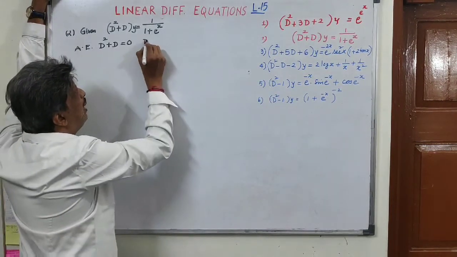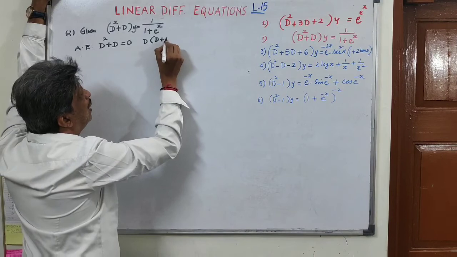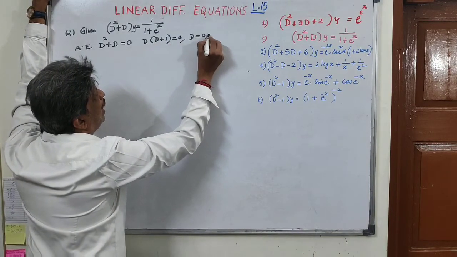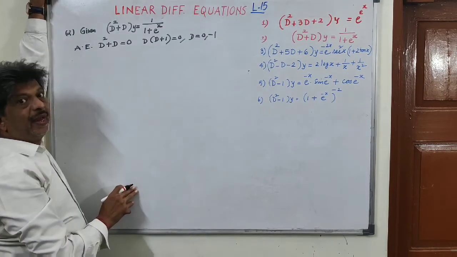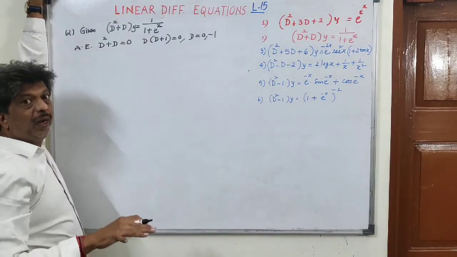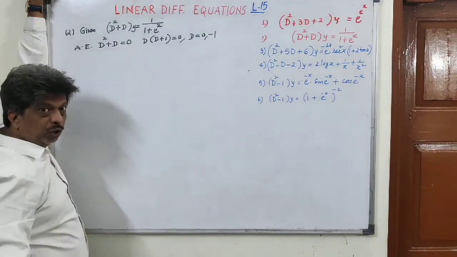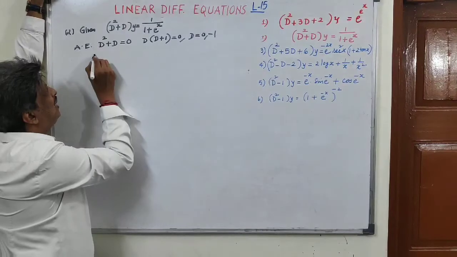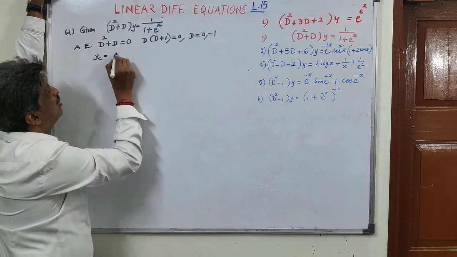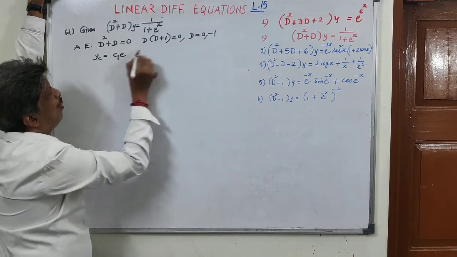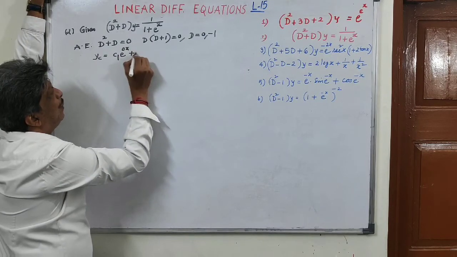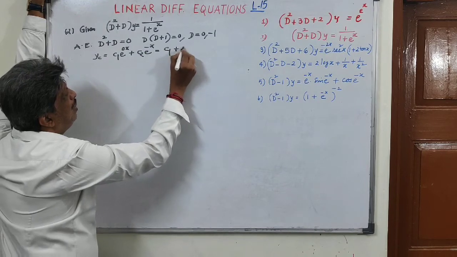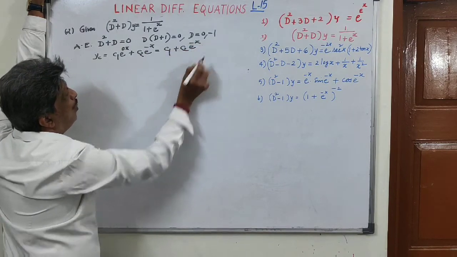D is common over here, D into D plus 1 equal to 0. So D equal to 0 and minus 1. They are the two real distinct roots which define your yc. The complementary function is c1 e raised to power 0x plus c2 into e raised to power minus x. So that is c1 plus c2 e raised to power minus x.